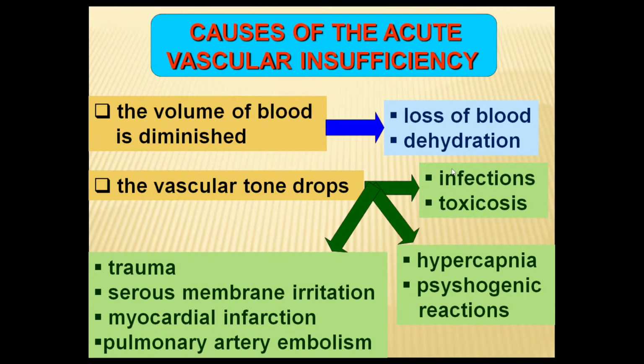It may be the result of decreased heart stroke: left ventricle due to myocardial infarction, right ventricle due to pulmonary artery embolism. In other words, acute heart failure is obligatorily accompanied with acute vascular failure, because these pathological processes go one near the other and combine in common circulatory failure.